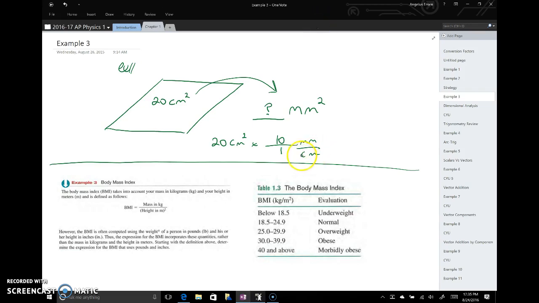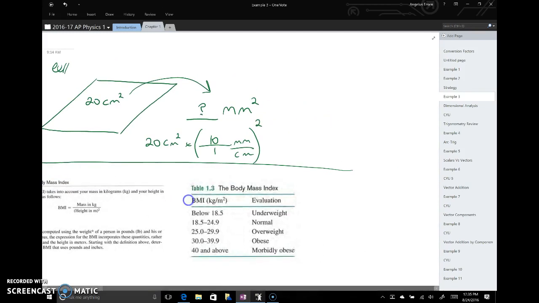But this doesn't work because we're only canceling out 1 centimeter with the centimeters squared there. So what we're going to do is take that unit conversion and square it. If we have 10 millimeters over a centimeter, the quantity squared, we square everything. So we're going to have 10 squared, millimeters squared, over centimeters squared.